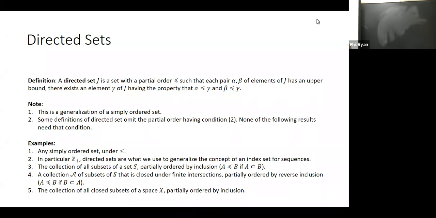So the collection of all subsets of a set partially ordered by inclusion is a directed set, right? And so if you're given two subsets of S, alpha and beta, what's going to be the upper bound of them? So in three, here our ordered set is the collection of all subsets of a set, the power set of a set.